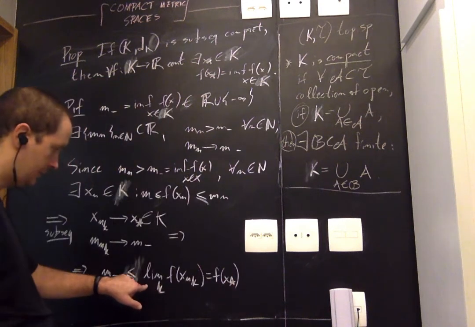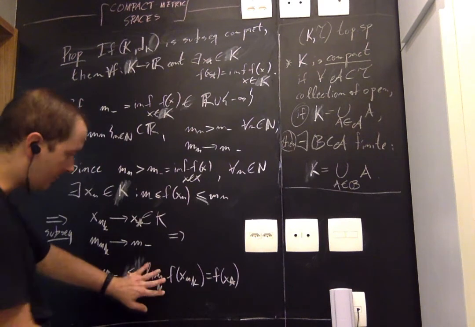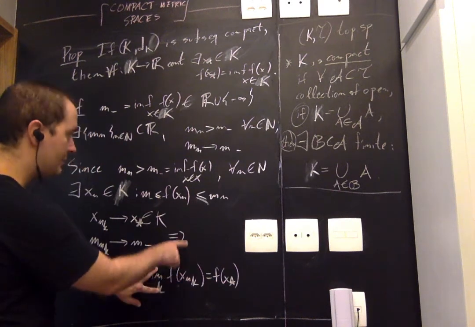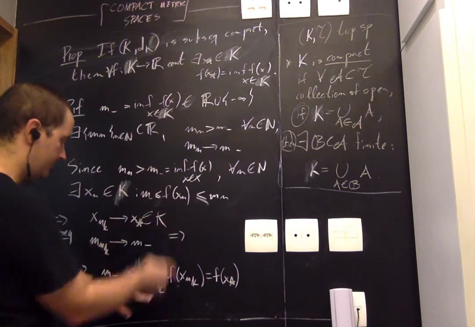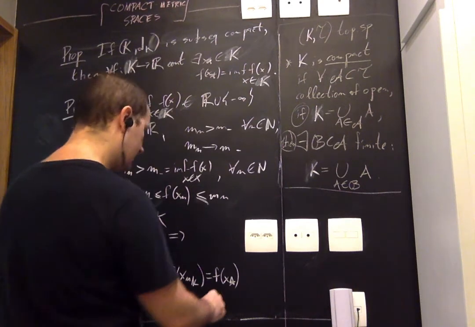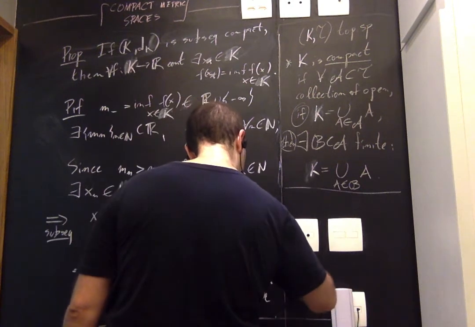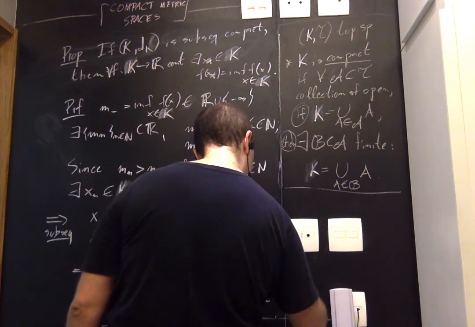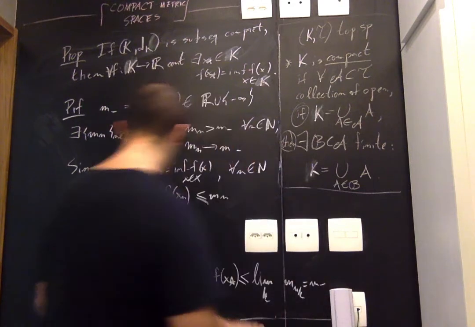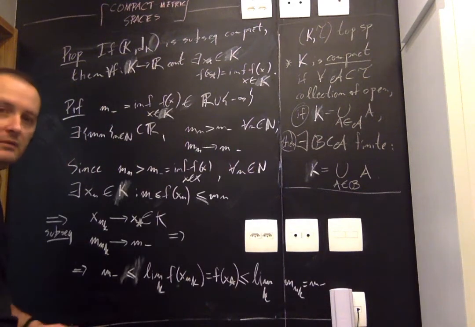Right? And why is this greater than this? Well, for any k, f of x sub n sub k is greater than m minus. Now, this is also less than or equal to the limit in k of m sub n sub k, which is just m minus. So it's yet again one of those sandwiching arguments, right?